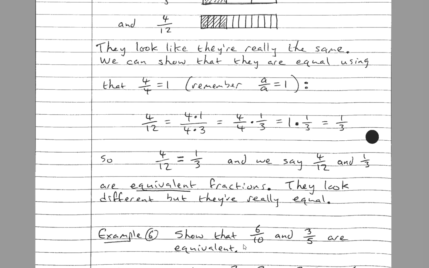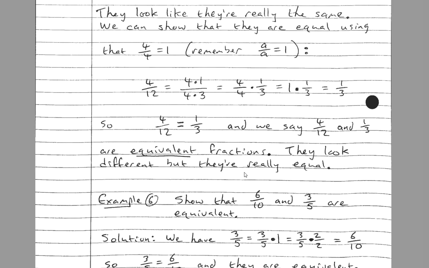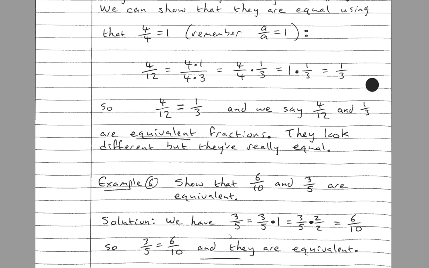The next example: show that 6/10 and 3/5 are equivalent fractions. Okay, so can we use the same kind of argument? So here you could start with the fraction with the smaller numbers. So 3/5 is equal to 3/5 times 1.